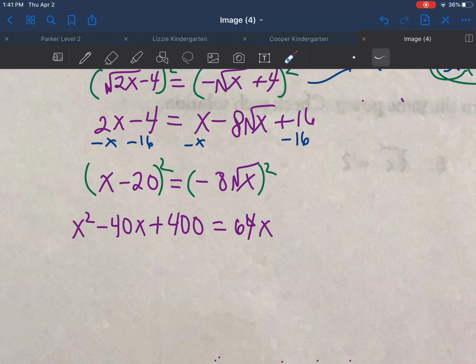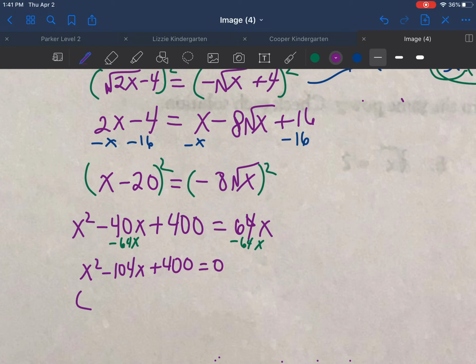So first we have to set it equal to 0. So subtract 64x from both sides. 64x minus 64x. We've got x squared minus 104x plus 400 equals 0. Now we get to do our favorite thing and factor.